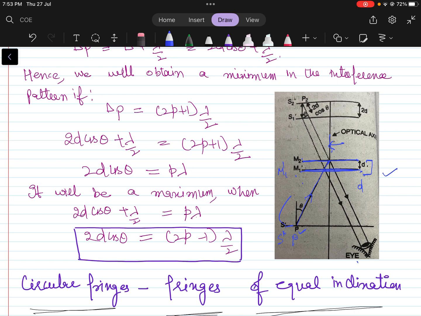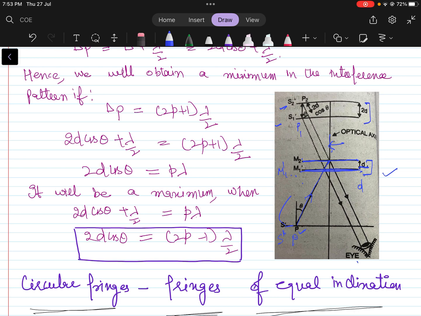Then what is the separation between S1 dash and S2 dash, which are the virtual images of S dash? That is 2d. This is the P1 point here, I forgot to label P1 and P2.